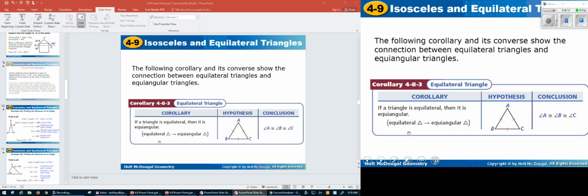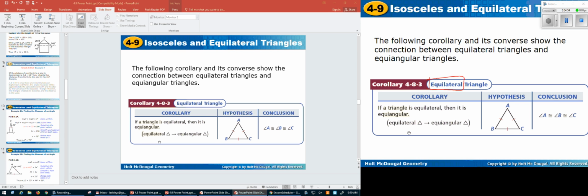So the next two theorems, they don't call it the equilateral triangle theorem and its converse. They call it the equilateral triangle theorem and then the equiangular triangle theorem. And basically the name tells you what they're giving you to start with. So if it's an equilateral triangle theorem, then they're starting with a picture that is equilateral.